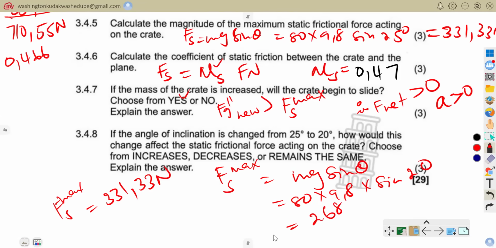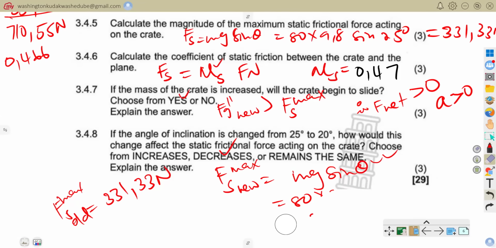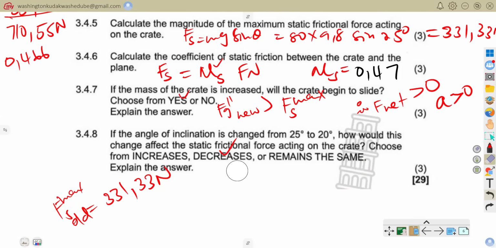You can see that this is now less than the, so the new is less than the what? The old. So you would see that the static frictional force would actually decrease, because the parallel component of the gravitational force has decreased. So what is it that you're going to say? At some point, yes, you could use those calculations.